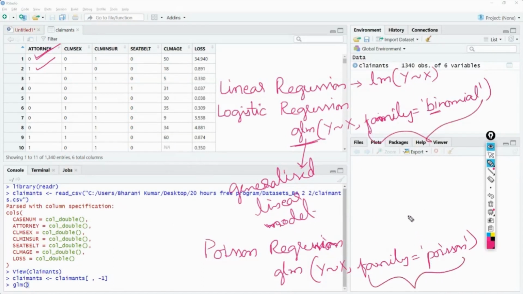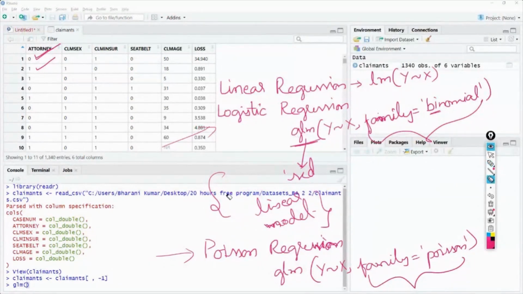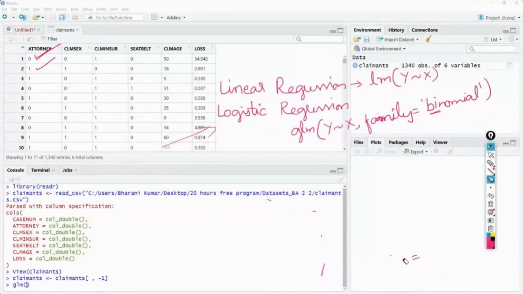That means just by changing the name of the family, you can run Poisson regression or logistic regression. That is why it is called generalized linear model. So in short, this is the formula, guys: GLM of y tilde x, and you say family is equal to binomial.